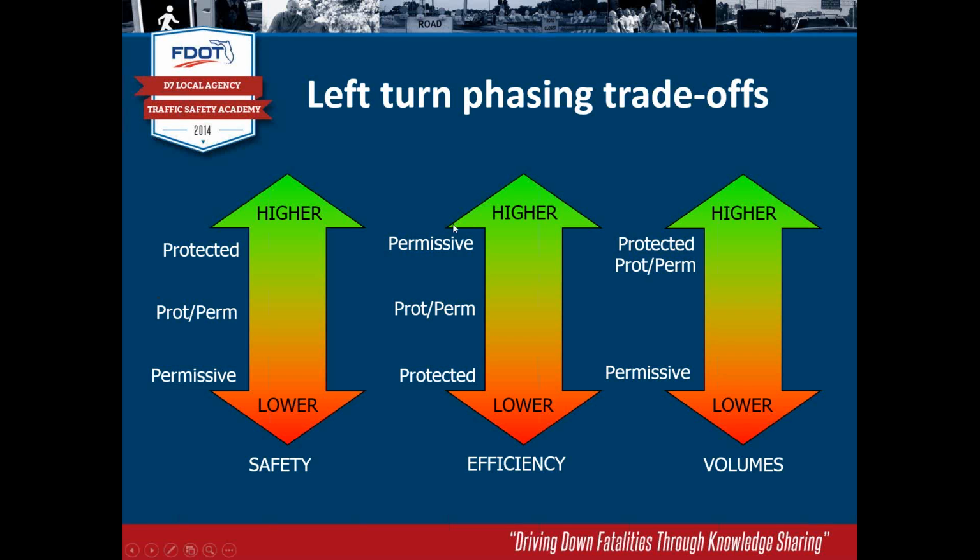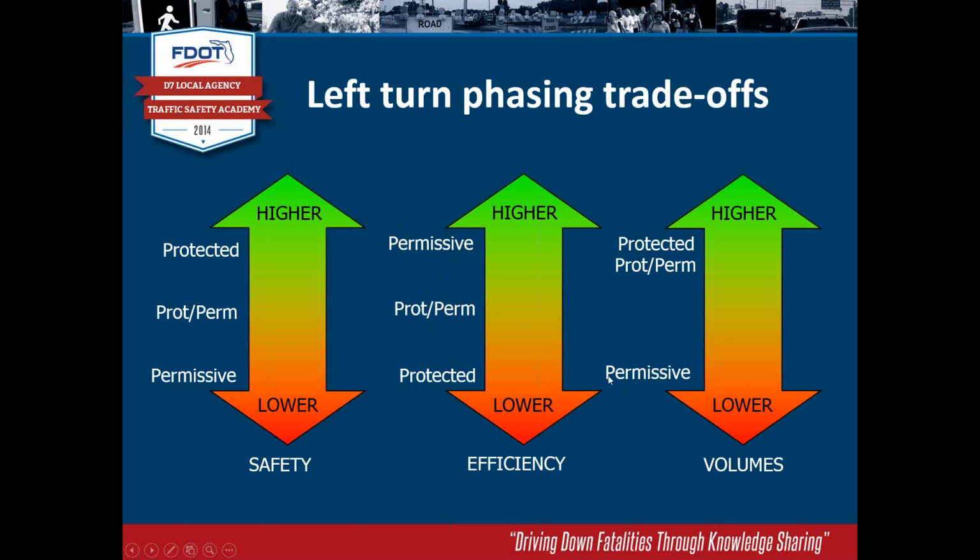Let me explain what these left turn types are. We see here, like in the case of safety, permissive left turns is typically lower safety than protected, permitted, or protected left turns. In terms of efficiency, protected gives you lower efficiency. The permissive gives you higher efficiency because of better use of the cycle.